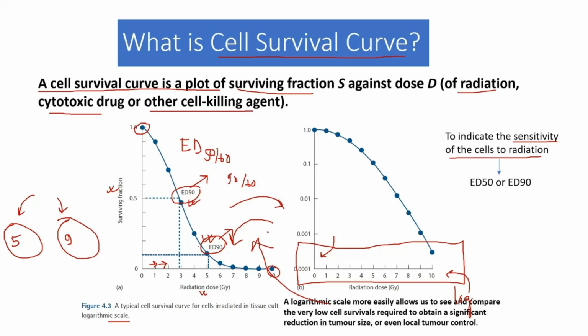That's why we should be familiar with low survival cells, because after irradiation we don't want any single stem cell to survive, because if one survives it makes the entire treatment a failure. That's why we need to go for a logarithmic curve to look at the extremely low cell survivals, which are very important for reduction in tumor size or even local tumor control.